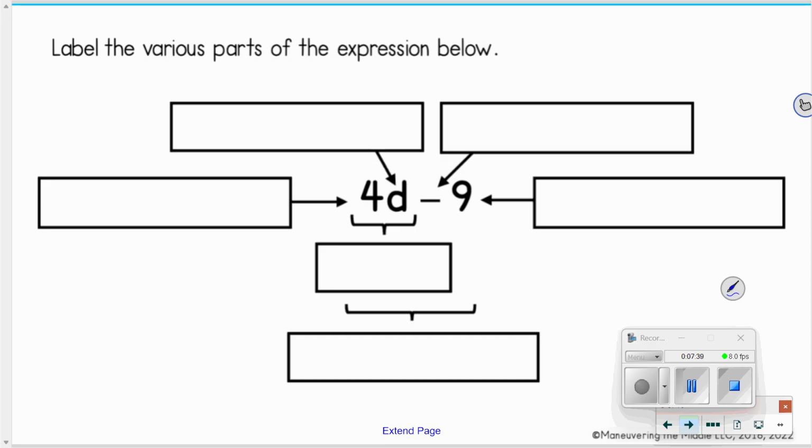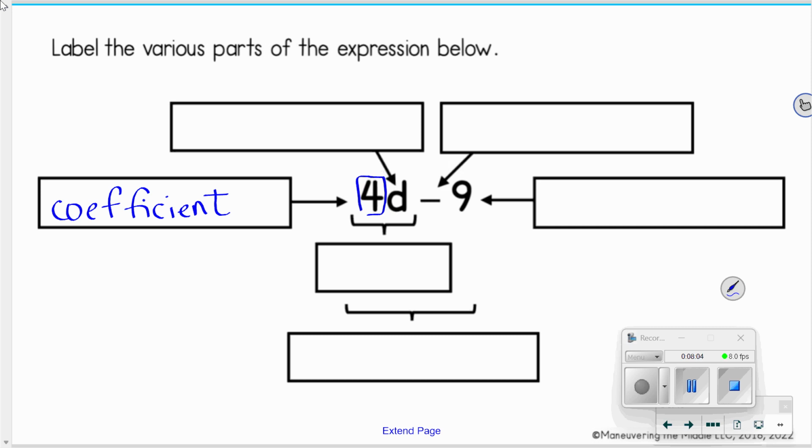So, we have an expression here. This first part, what is just the number? What's the math term for that? Coefficient. Because it's being multiplied by a variable, and that is a major key. Because it's part of a multiplicative expression with a variable, that means it is a coefficient.